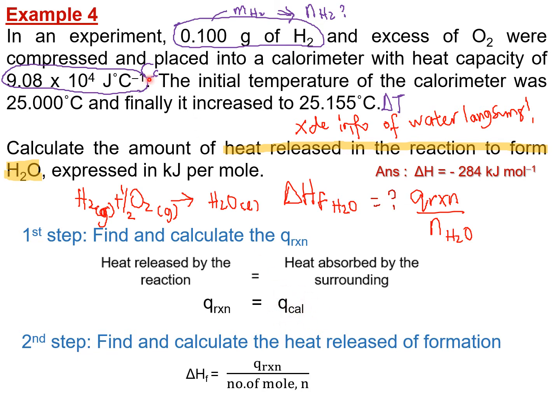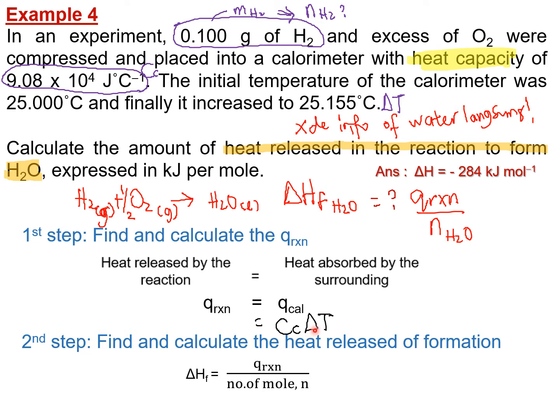And then apakah formula heat absorbed by surrounding ni? Kalau melibatkan calorimeter, tiada mass of calorimeter, it's going to be equal to C besar, delta T. Okay, C besar ni adalah heat capacity of calorimeter sebab dia tak bagi tahu langsung mass of calorimeter, dan dia bagi tahu heat capacity. Kat sini dia bagi heat capacity of calorimeter, which is C besar.